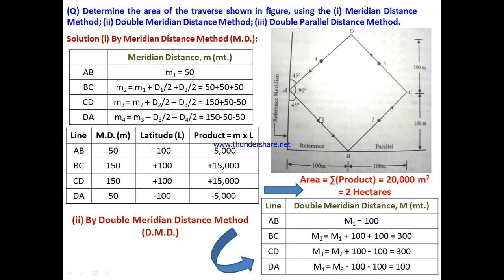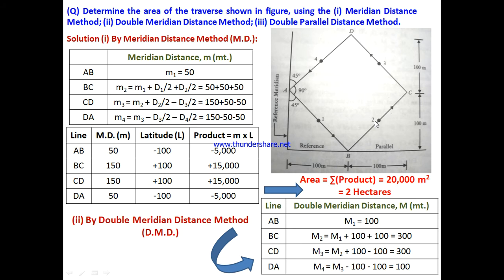Now we need to calculate the value of meridian 1, which is equal to M1. It will be equal to just half the departure of this line. So if the departure value is 100, then the meridian will be equal to D1 by 2, which is equal to 50. Now if I need to determine the meridian value of line 2, if I need to reach this point, then I need to cover this line AB first, and then cover this line up to 2.